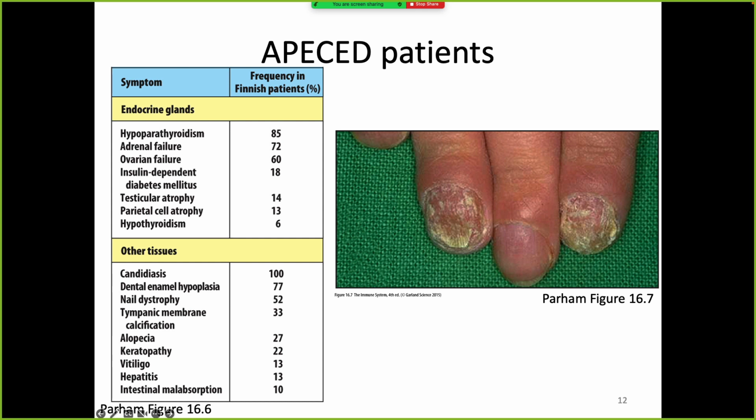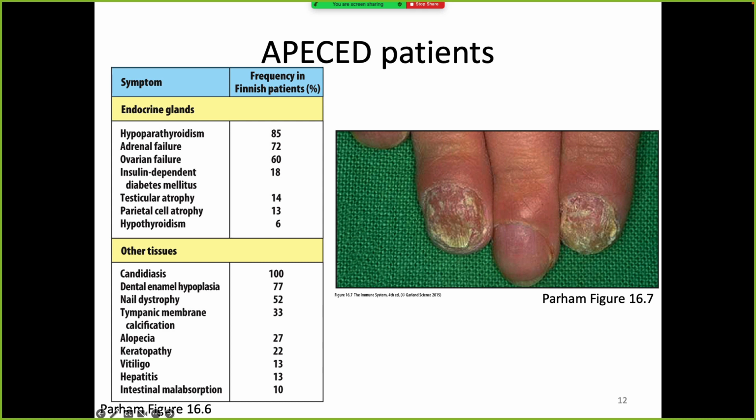And in APSED patients, patients will have multiple autoimmune diseases, and it's a different combination of autoimmune diseases in each case. Because we have some other peripheral tolerance mechanisms for T cells, which T cells happen to slip through the cracks in each patient will be a little bit different.